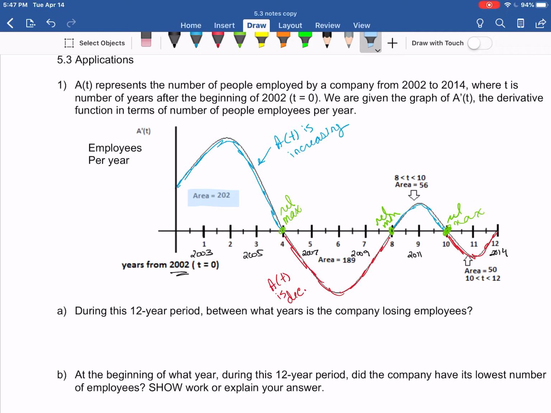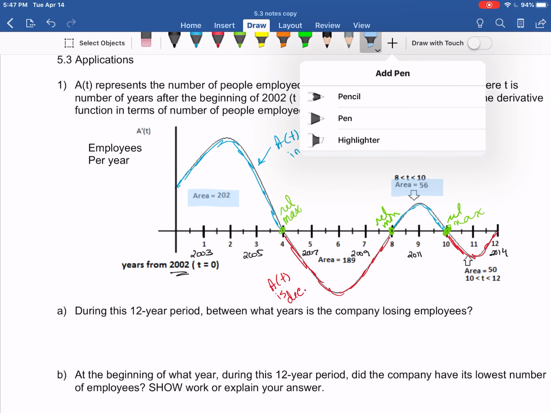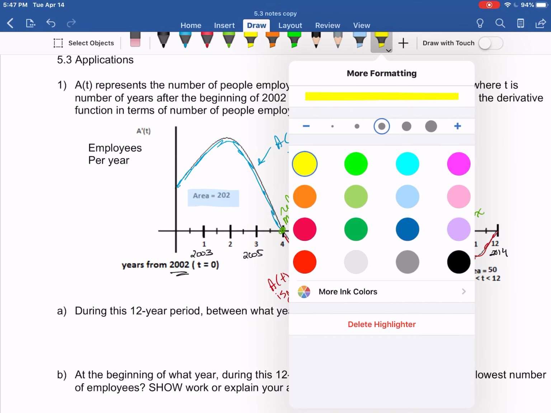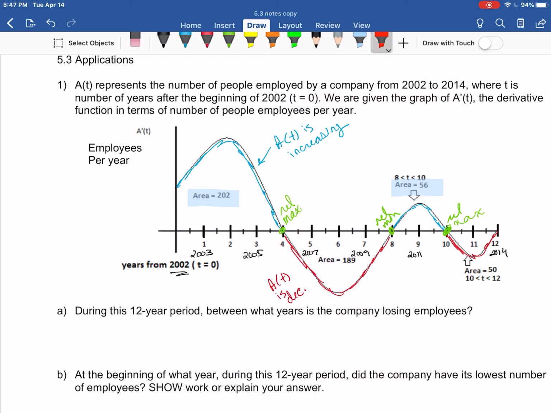So the area between 8 and 10 is 56. That's also above the x-axis. Let's identify the area that is below the x-axis. We'll highlight that over here. The area below the x-axis is 189 within that region, and then 50th within that region. So that'll help us out to decide if we should be adding or subtracting these quantities from one another.